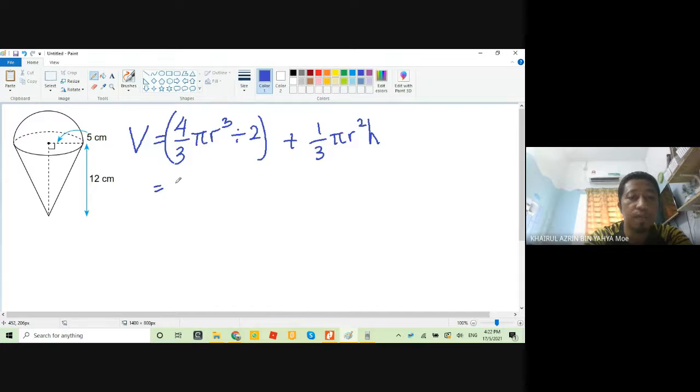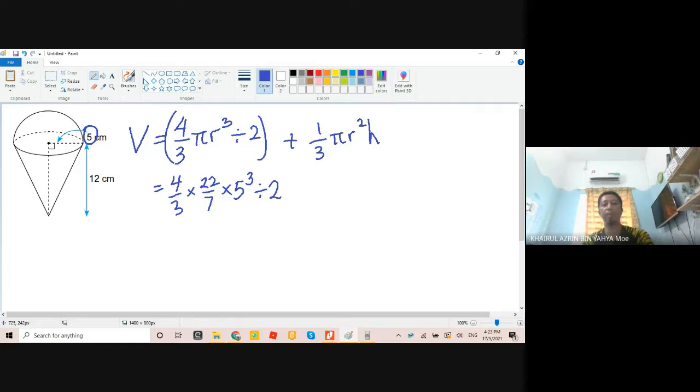Okay, so we try to answer now. 4/3 times pi, I want to use 22/7, times r. The r given here is 5. This is the radius, 5 cube. Don't forget cube. And then we need to divide by 2 for a hemisphere.